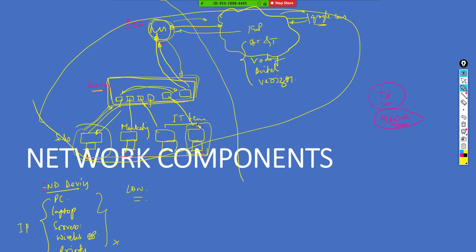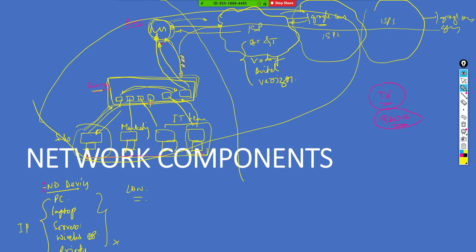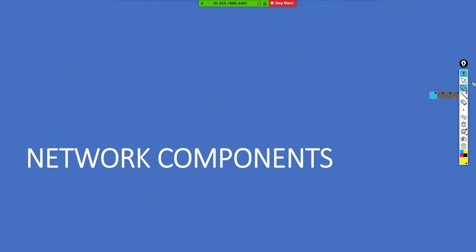Your data will be sent to this Cisco switch. The Cisco switch will forward that to a router, and the router will take it to the cloud, in the sense the internet provider. That internet service provider will be connected to another service provider, which is again connected to multiple service providers, and then it will finally reach the Google or your Gmail server, and the return traffic will follow back again. This is a simple thing which you need to remember, which will be used in the next slides.